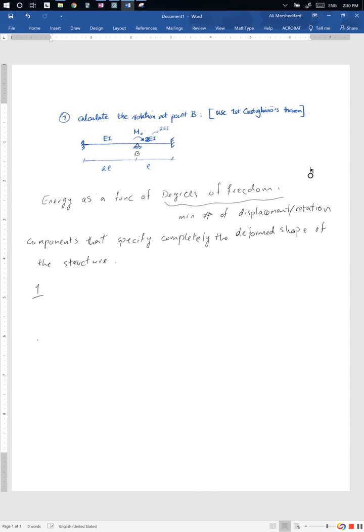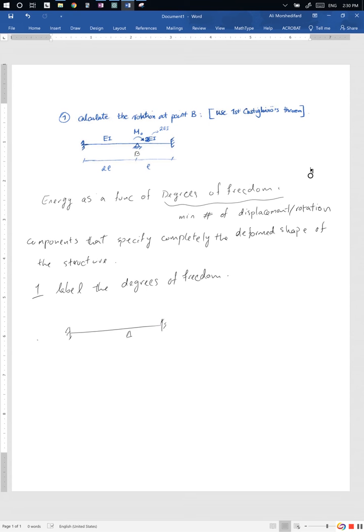Right, so the first step for the first Castigliano's theorem is always to label the degrees of freedom. So in this beam I have these two fixed. So I start by looking at the nodes, right?